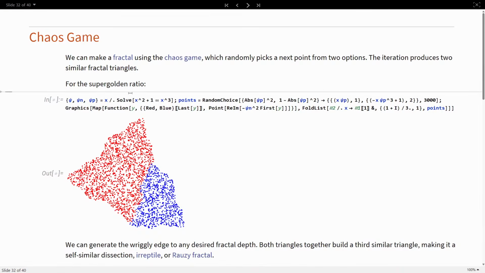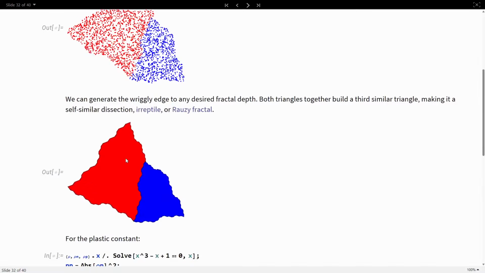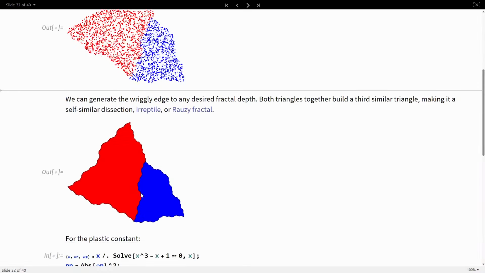So this is making a Rauzy fractal for the super golden triangle. And here's the wriggly edges for making this object. So this is the psi triangle or super golden fractal triangle, where two copies of itself makes a larger copy of itself.